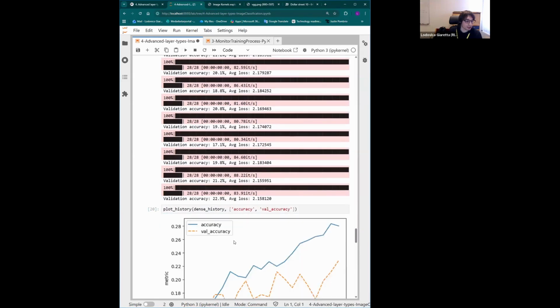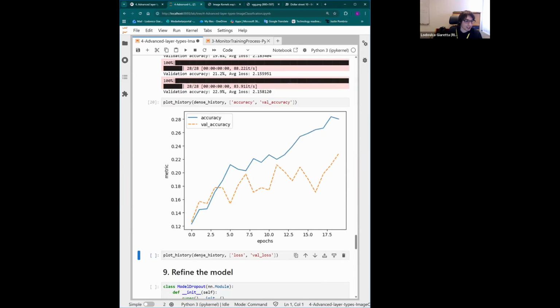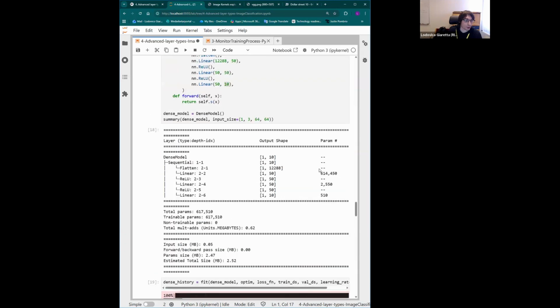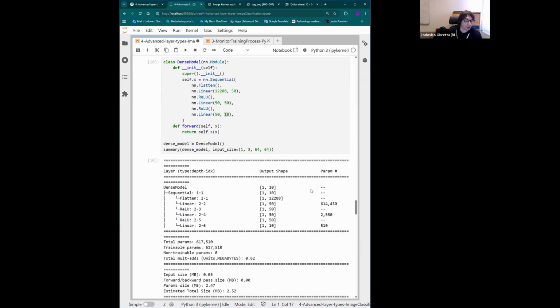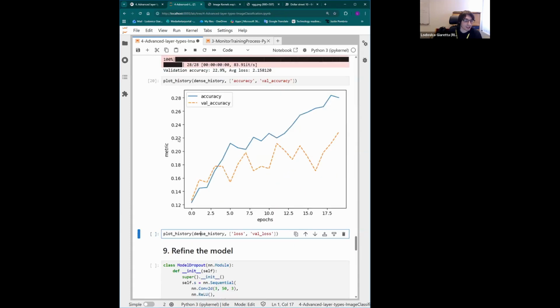So we can now plot this. And we can see that we are actually quite a bit worse than we were before. Before we were at, let's say, 30% max validation accuracy or test accuracy. Here instead we reach 22%. So the model is not performing so well.